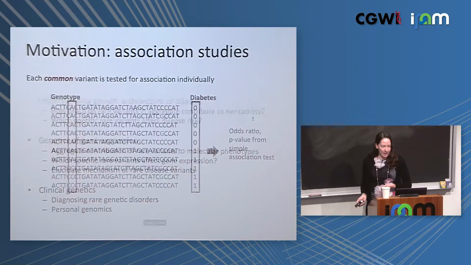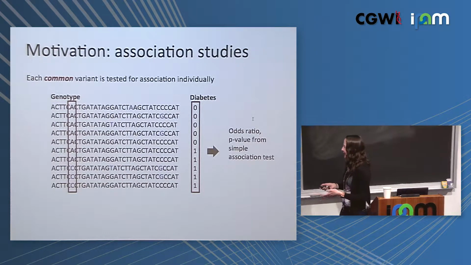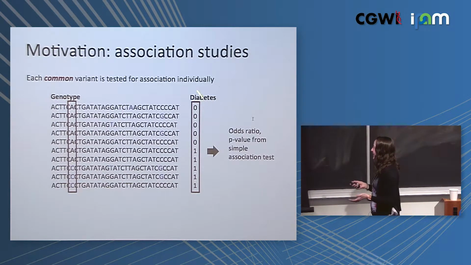So the motivation, this is very basic, but just to go through the example, in a standard association test, whether this is a genome-wide association test for a disease trait or an eQTL study for gene expression, we're really just going through variant by variant and looking at some sort of association statistic between the genotype at a particular variant and our trait of interest. And we get a p-value or an odds ratio out of this from a simple association test.